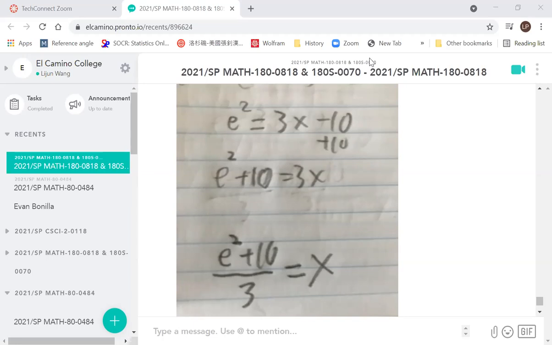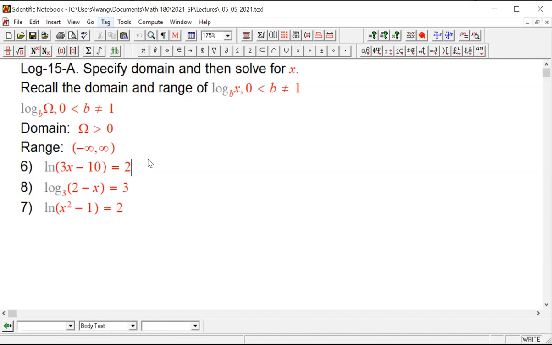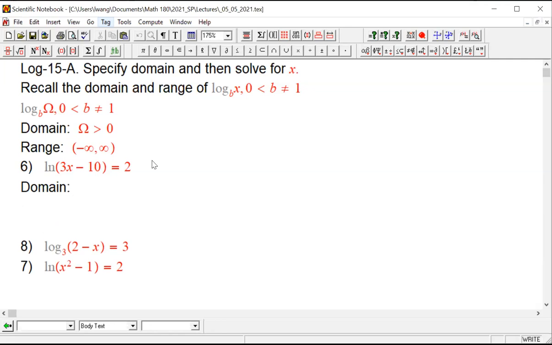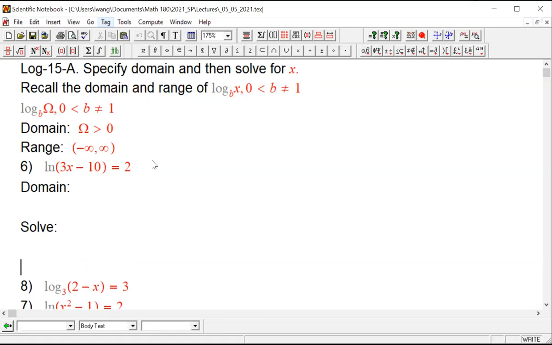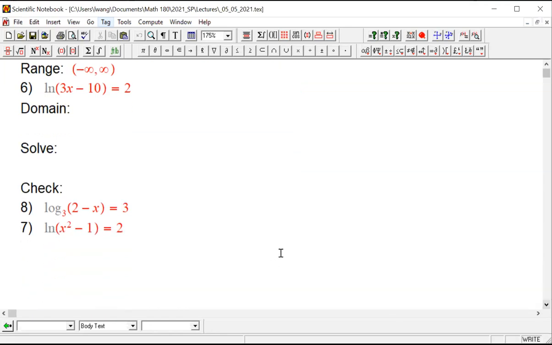Domain. Solving. And check. 3 parts for each of the questions.